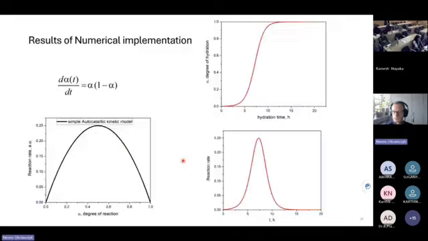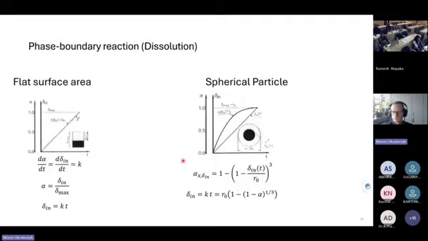Maybe I have these calculations here. Yeah, if it's a flat surface, this is how it would look. But if it's a sphere, because of the volumes, then for the degree of reaction you just take the ratio of how much is penetrated divided by the total. With heat, you calculate the degree of reaction from total heat, and it's linear.